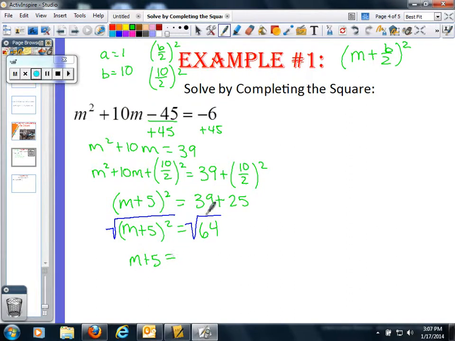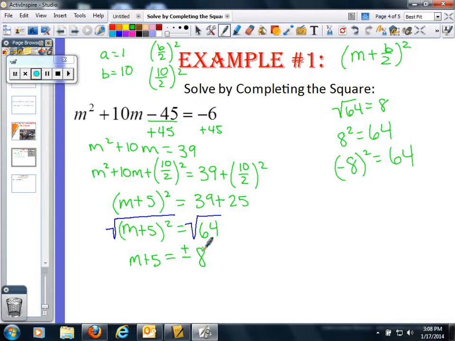Anytime you take a square root, it's always plus or minus. The reason why is because the square root of 64 is 8, right? Because 8 squared is 64. Well, you also have that negative 8 squared is 64 as well. So because of that, since you're taking the square root, I have to have both. So it's going to be plus or minus 8.